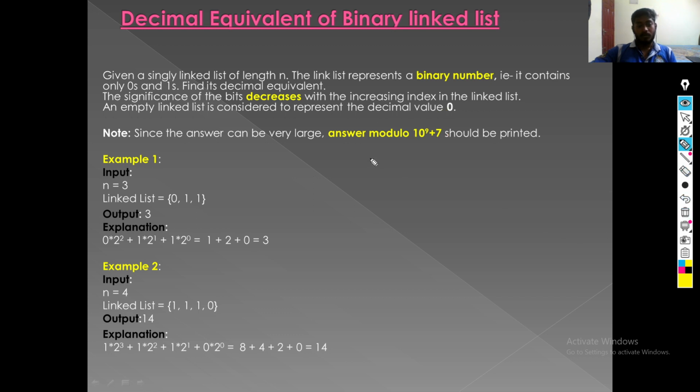Before moving into that, we must know what a binary number is and how to convert it to an integer. For example, in this case, we are having a binary of 0, 1, 1.